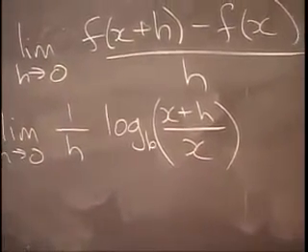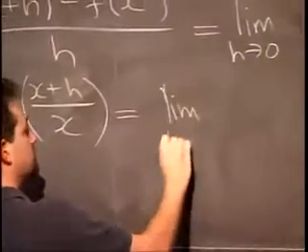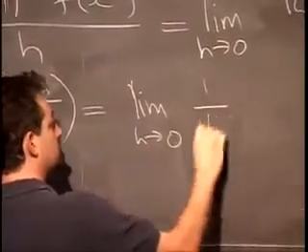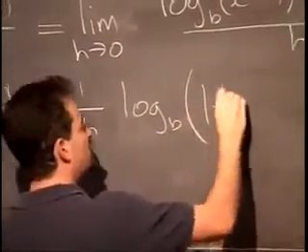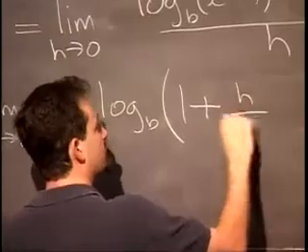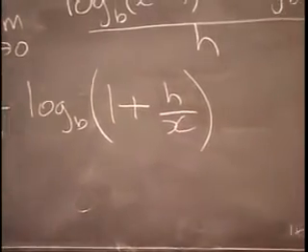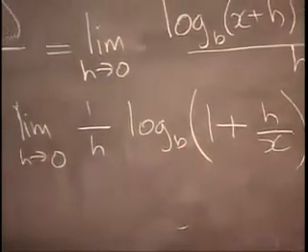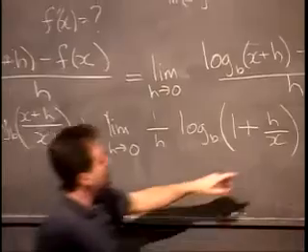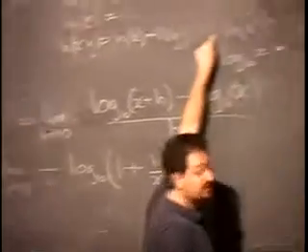Now, let's just simplify that. Let's write this as log 1 plus h over x. I just split this up into x over x plus h over x, and x over x is 1. Now I'm going to use another log rule. Let's just focus on this log rule.